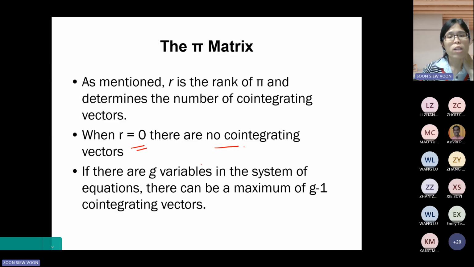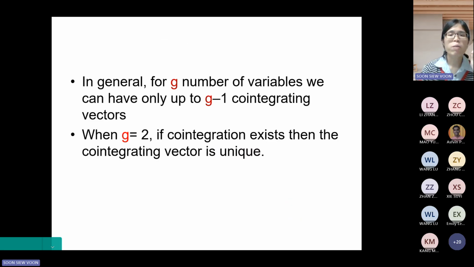If there are g variables in the system, for example, two variables in a system, then the maximum is 2 minus 1, only one cointegrating vector. For example, if I have money supply and income in my system, I can only get a maximum of one cointegrating vector. It has to be g minus 1. So in general, g variables give g minus 1 cointegrating vectors.